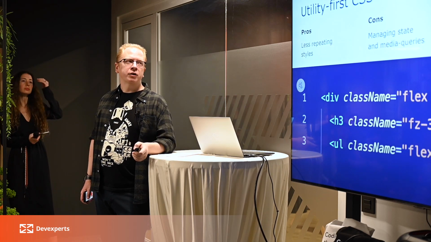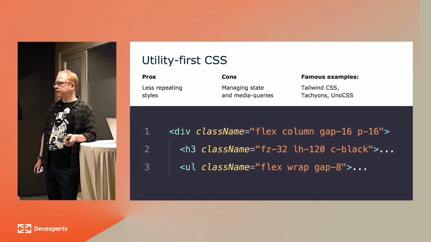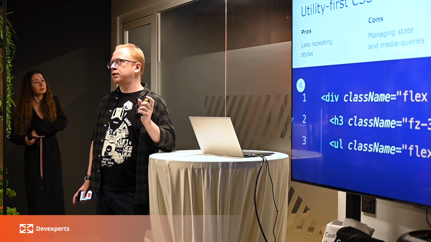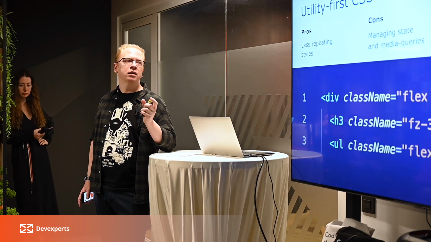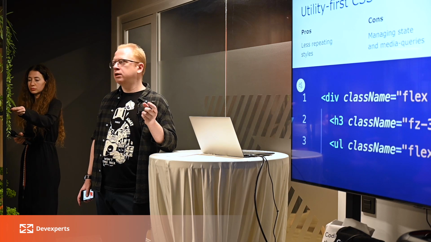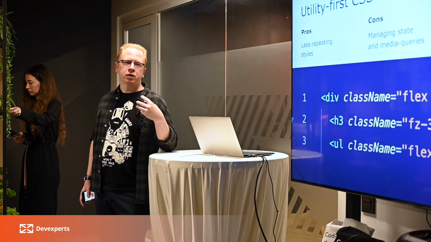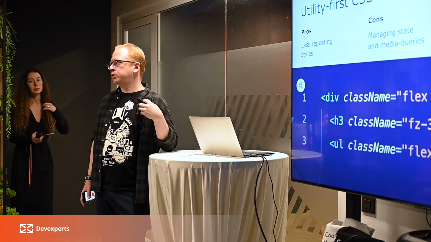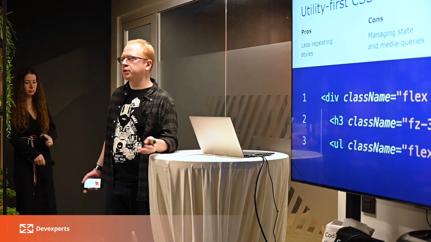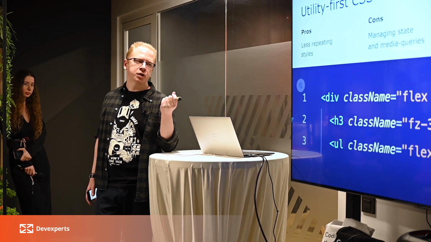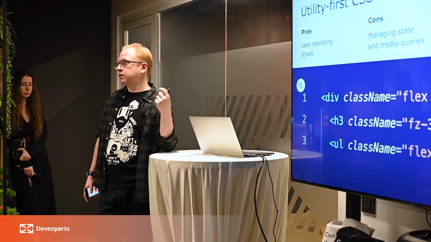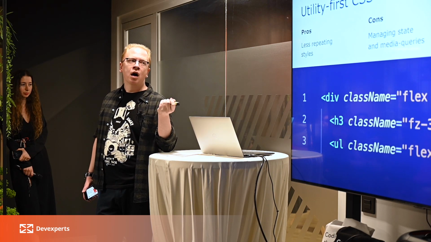The other convention is called utility-first CSS. The idea behind it is that you use a single style property per class, and that way we could keep our code base as DRY as possible, because those properties are not repeated, and we always address those utility classes that we've created.